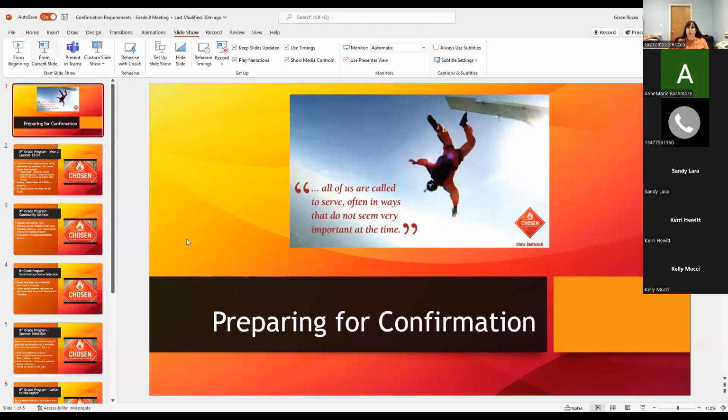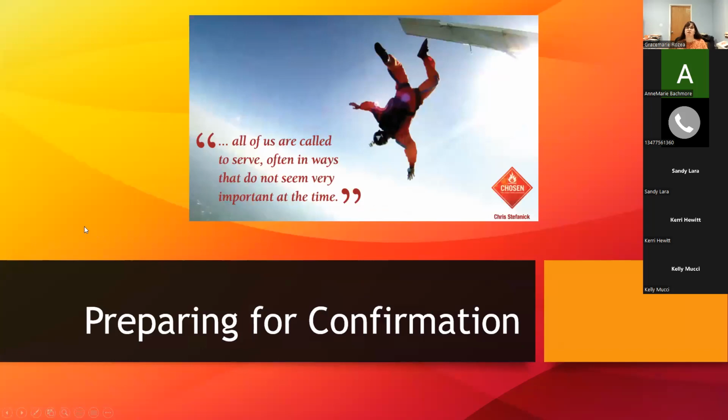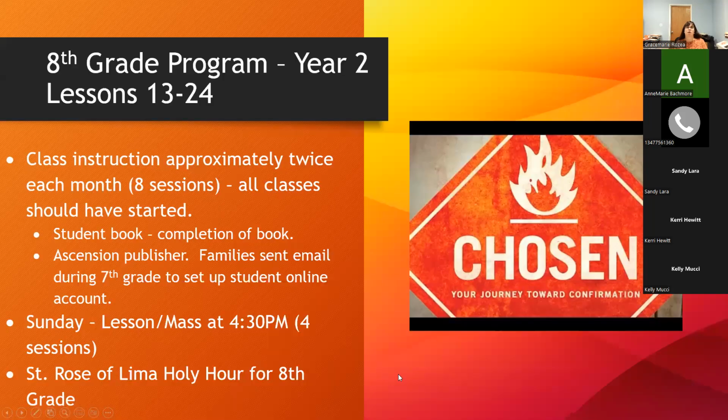Off we go. We are talking about preparing for confirmation. Your children are in the 2nd year of confirmation preparation. They will be completing lessons 13 through 24 in their chosen workbook this year to finish up all of their formal instruction.